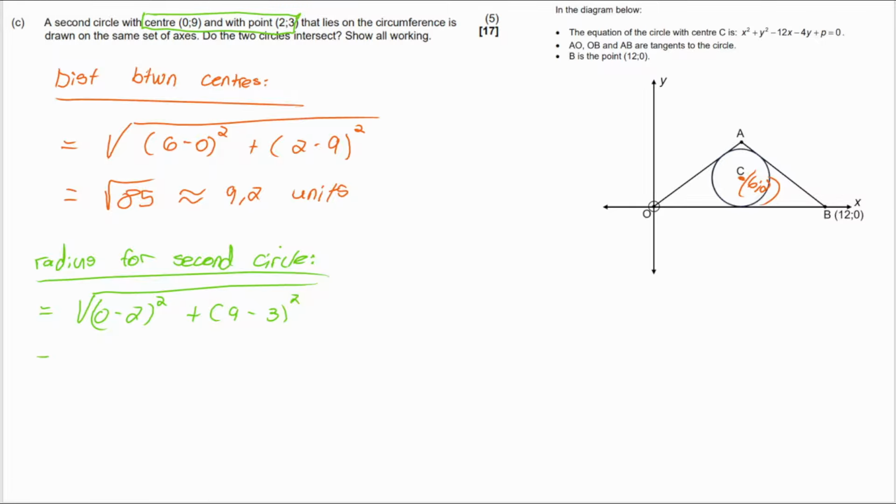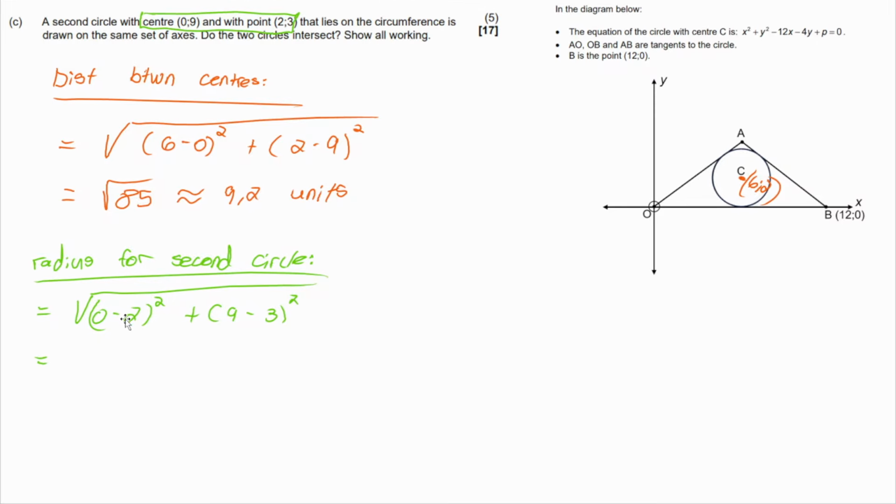That'll be 4 plus 36, so the radius is square root 40 units.